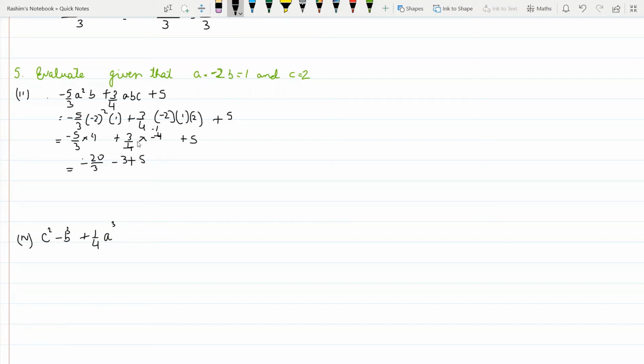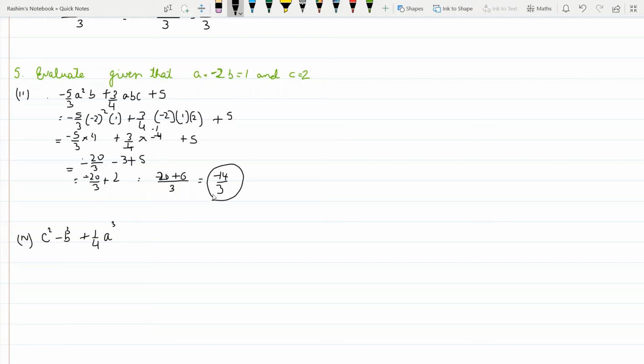Why do we get -3? Because 3 into -1 is -3. Now when we have to solve it, first we can solve the simple numbers. Here -3 plus 5 is plus 2. Now in fractions, you all know we will have to take the LCM. So 3 is the LCM here, -20, 2 threes are 6. -20 plus 6 is -14 upon 3, which is our required answer.